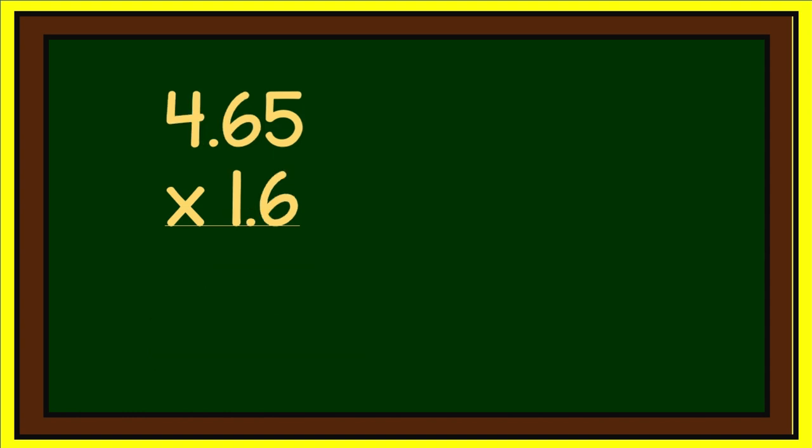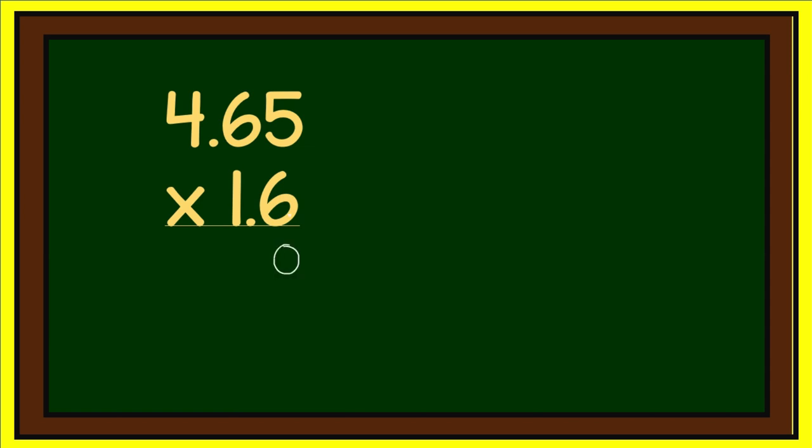Isa pang halimbawa, 4 and 65 hundredths times 1 and 6 tenths. So again, magmumultiply tayo na parang whole number. Huwag muna nating pansinin yung decimal point. Uunahin ko yung 6. 6 times 5 is 30.